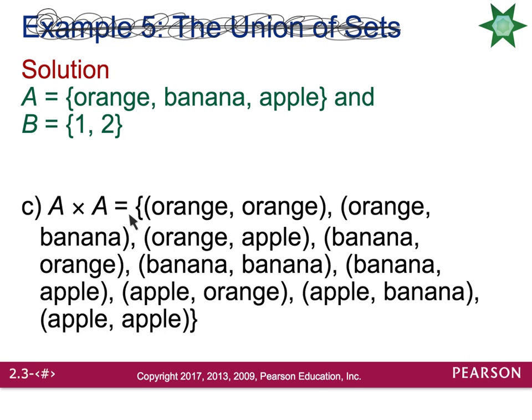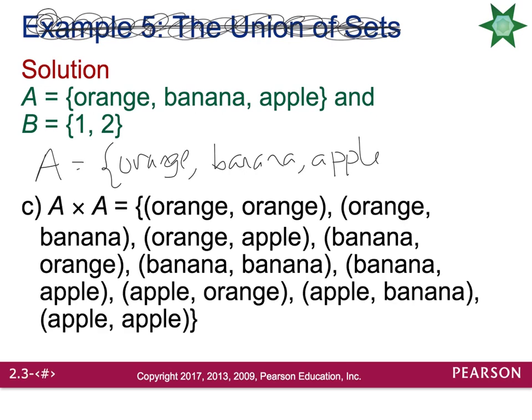Okay, let's look at A cross A. Here we're just crossing elements of A with elements of A. So we're going orange, orange, orange banana, and orange apple. Think of this as writing set A again, and then we're going to pair them up from one to the next.